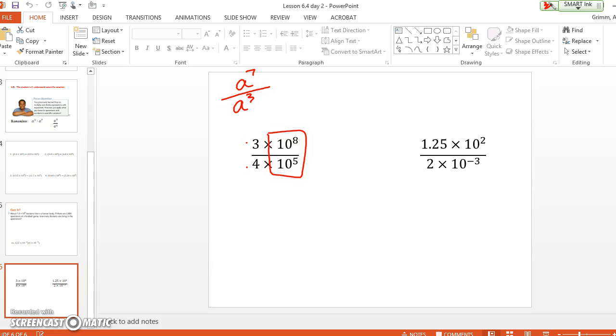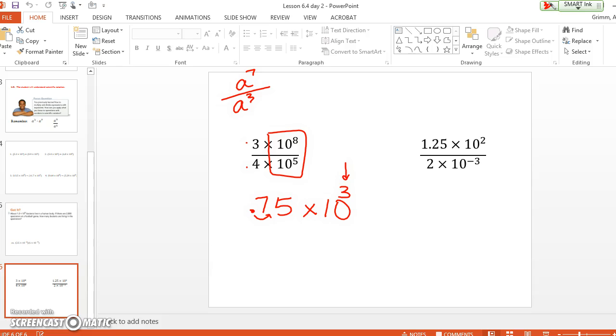All right, so 3 divided by 4 is 0.75 times 10 to the what power? Third power. Is this a big number or a small number? Big number because of the 3. So if it's a big number, I need to really move this here. So think what they actually did.